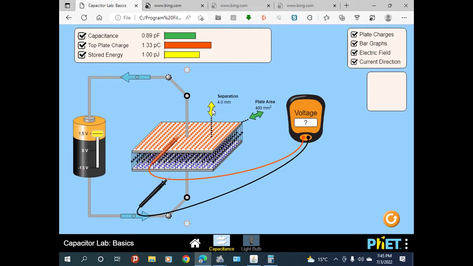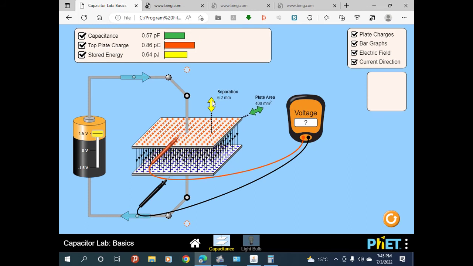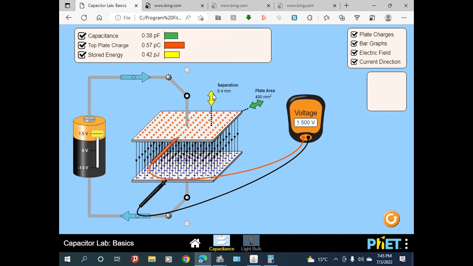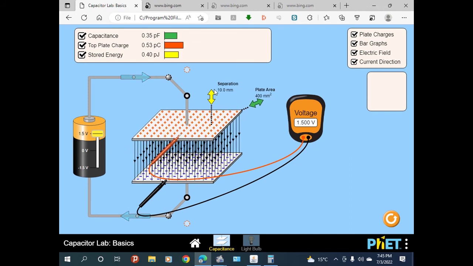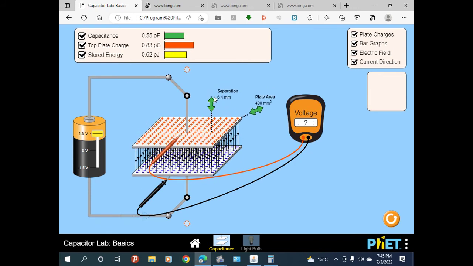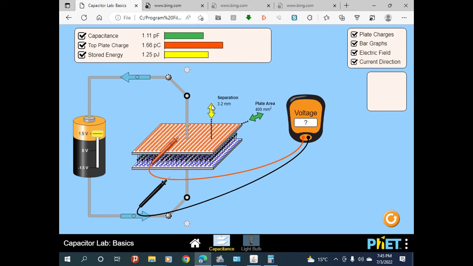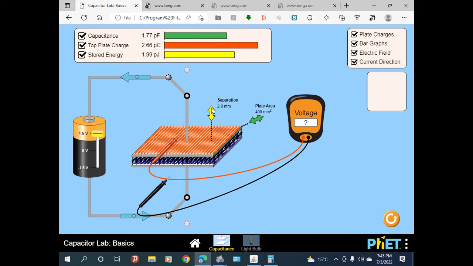Here, when increasing the separation distance, the capacitance of a capacitor decreases. The ability to store charge decreases.